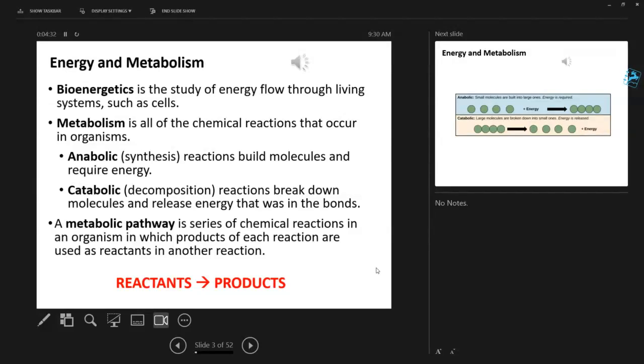There's one called PKU, phenylketonuria, which is one of the more common genetic disorders. People with that are missing an enzyme, so an amino acid builds up in their bodies. It doesn't get broken down like it's supposed to, and that can cause severe problems with their nervous system development. They can be mentally disabled and die young from that.